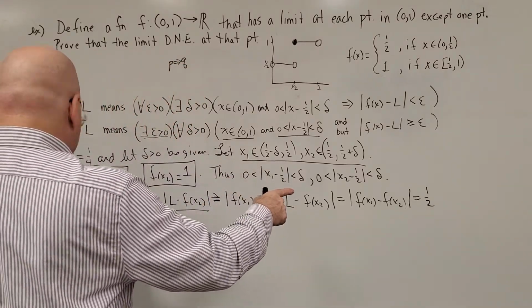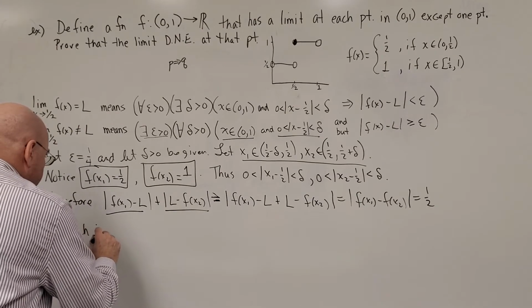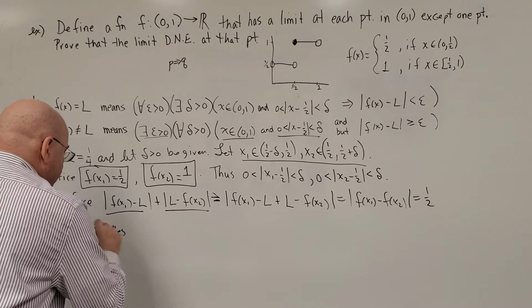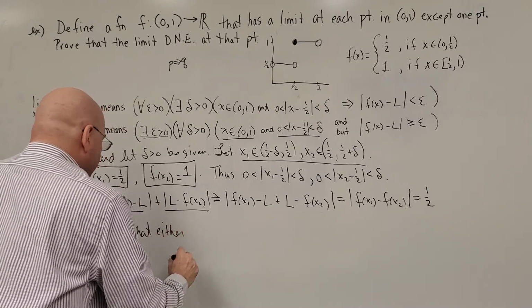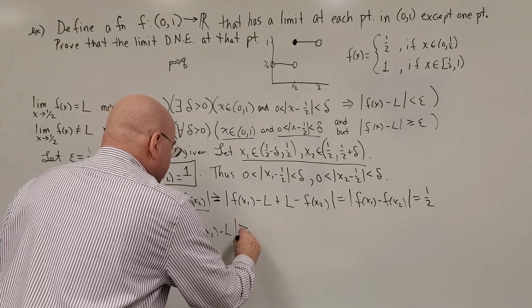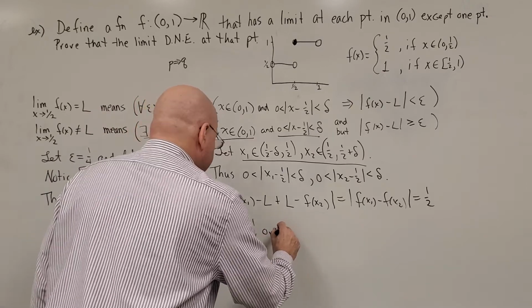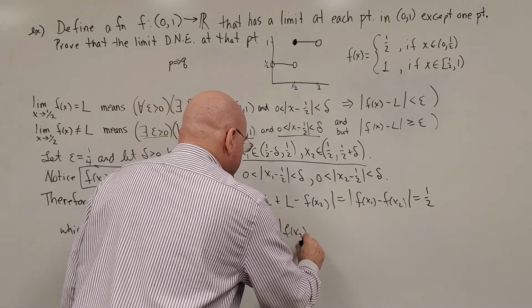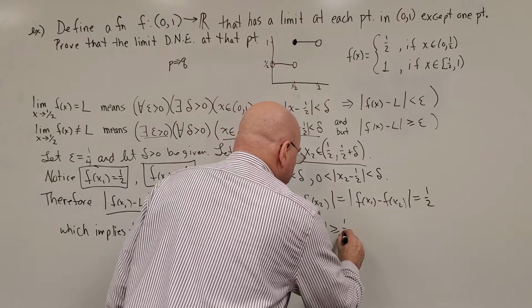That implies what I just said, that either the absolute value of f of x1 minus L is greater than or equal to 1/4, or the absolute value of f of x2 minus L is greater than or equal to 1/4.